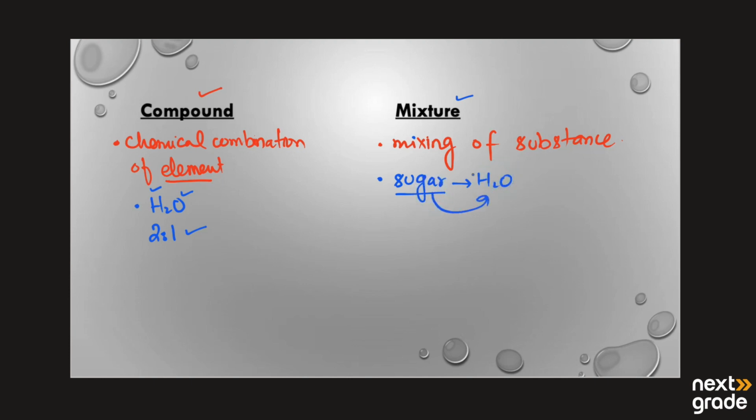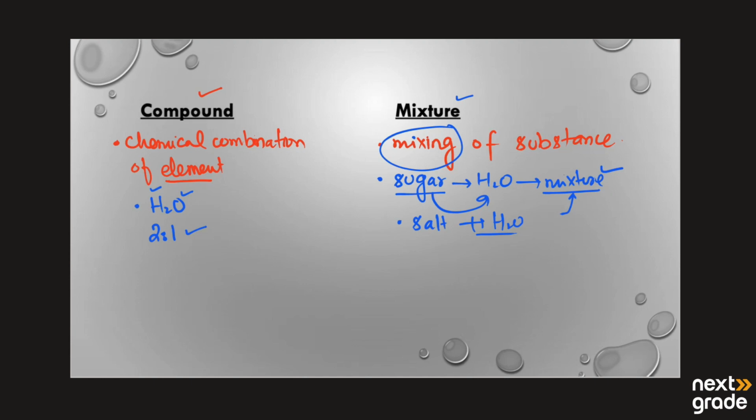This is simple mixing, and it is known as a sugar mixture. Likewise, when we add salt to water, these are simple examples of mixtures formed by simple mixing up of different substances.